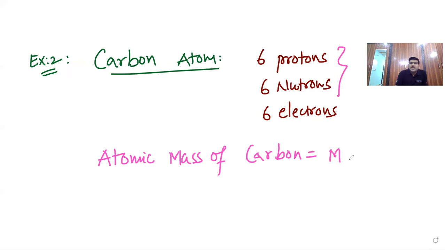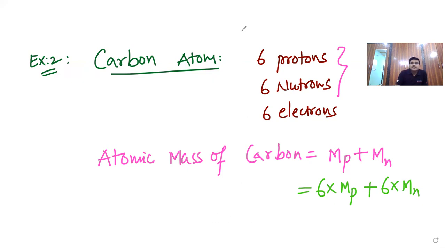So mass of protons present in the nucleus of the carbon atom, and mass of neutrons present in the nucleus of the carbon atom. How many protons are present? 6 protons. So 6 into mass of each proton, plus how many neutrons are present in the nucleus of the carbon atom? 6. 6 into mass of neutron.